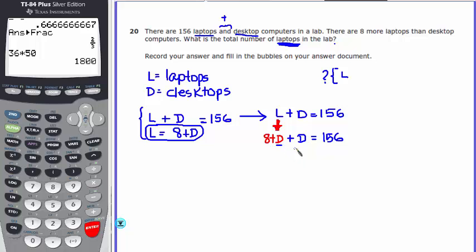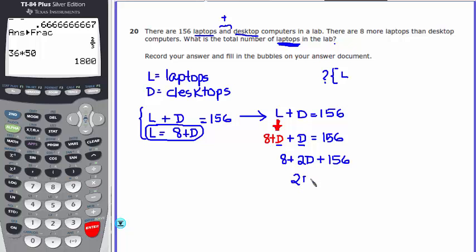Because let's combine like terms, so 1D plus 1D is going to equal 2D. So let's bring down the 8. This would be 2D plus 156. Now we want to get the letter D alone, so let's move the 8 to the other side.